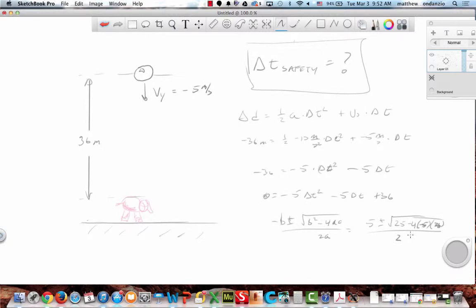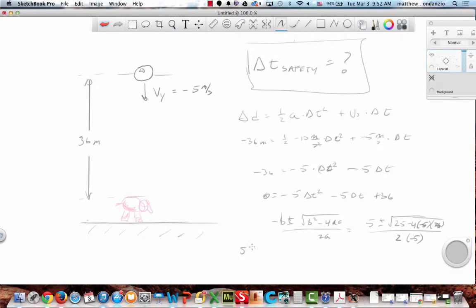That's a weird quadratic. That ain't quadratic, man. What do you mean it's not quadratic? You're not getting a quadratic? Yeah, it is a quadratic. X squared, 36 over 25 equals delta t.